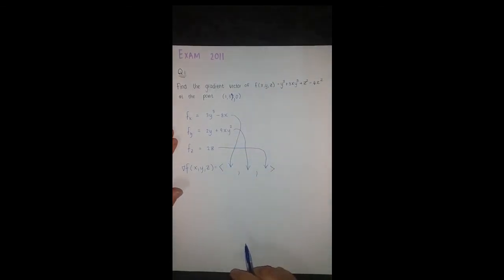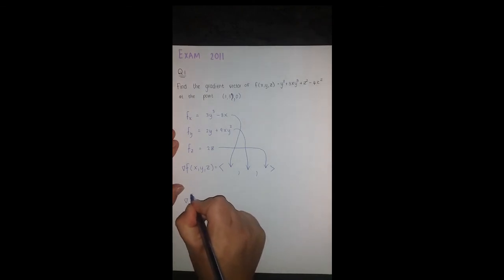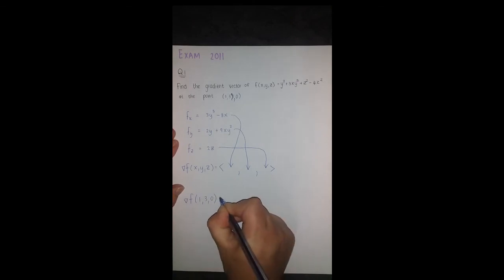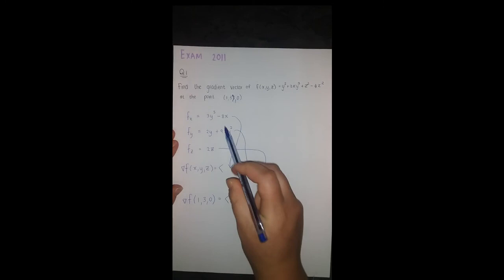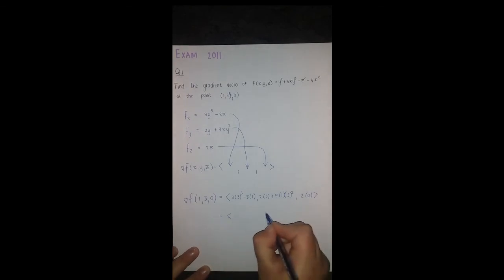So you have 1, 3, and 0. So then you just add that in. So del f 1, 3, 0 is equal to, and then you just put that into your partial derivatives as you would previously. And then when you put it in, it will look like this. And then you can just sum all of that and get your answer. So that is the practice problems for theme 3.1.